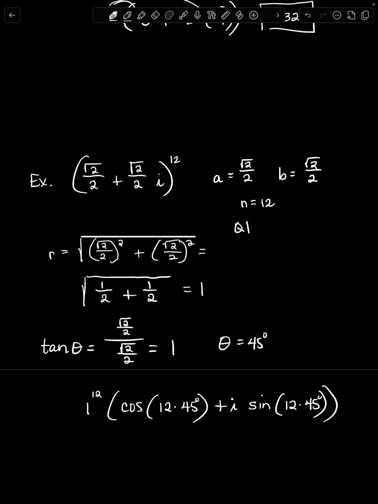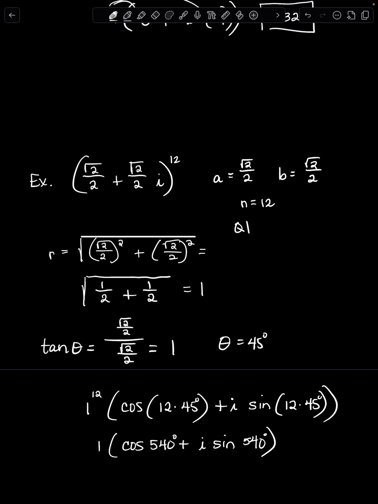All right, and so I've got 1 raised to the 12th, 1 raised to any power is 1, and then I've got the cosine of 540 plus I times the sine of 540.